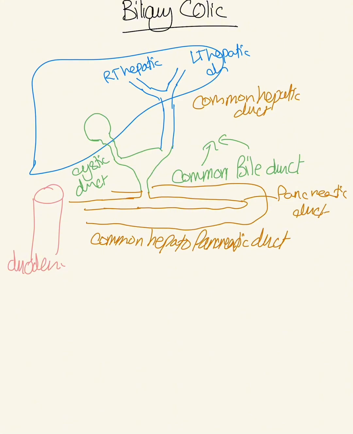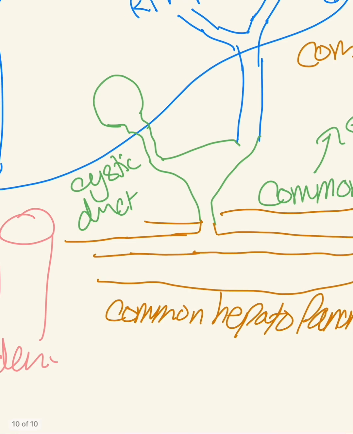So what happens in biliary colic is sometimes a small stone can be formed here, right? And this small stone can basically travel to the neck. So this is the fundus, a very simplified diagram of the gallbladder.